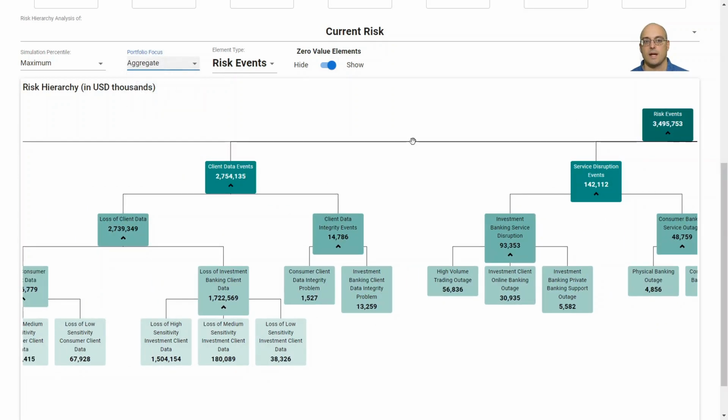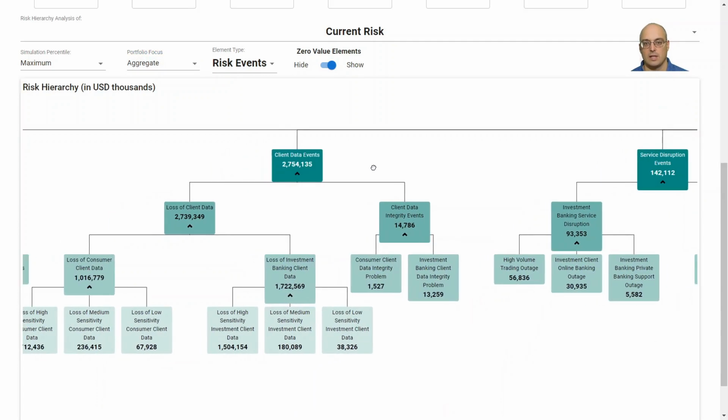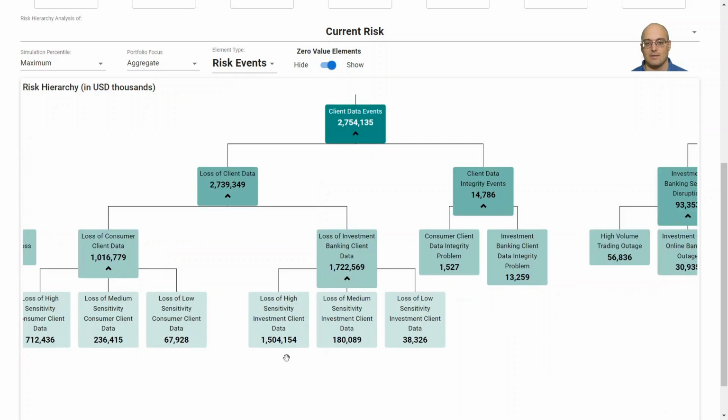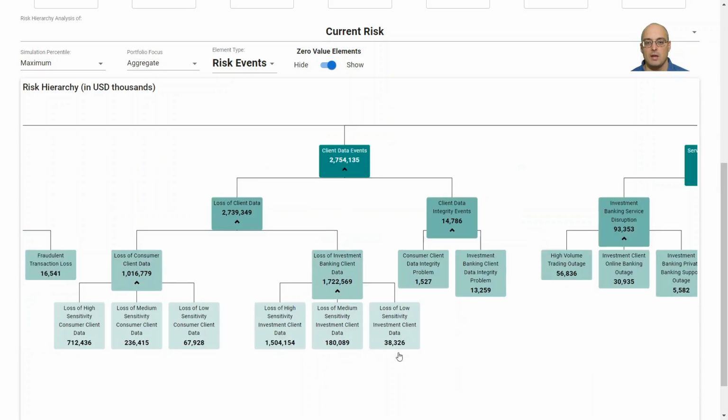If I switch back to the aggregate view, you can see that out of the $3.5 billion, almost 2.8 billion focuses on client data events, within which the loss of client data is the most significant: loss of investment banking client data, and then the high sensitivity investment banking client data. The other building blocks here, or elements, or in this case specific risk events, have lower values than this.